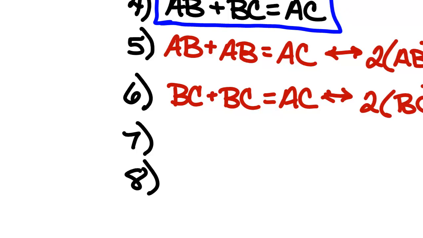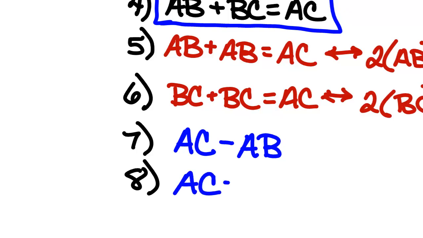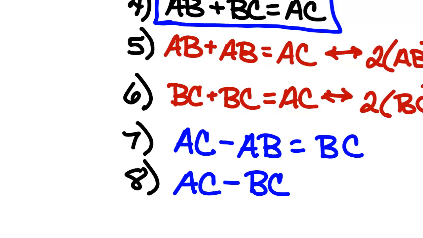Could I use subtraction here instead of addition to make a true statement? What's the bigger segment? AC. AC minus, tell me something to take away from AC, or I could do it with BC. So I can do it both ways. If I have AC and I take away AB, what would I have left? BC. What about if I had taken away BC? Then I would have AB left.